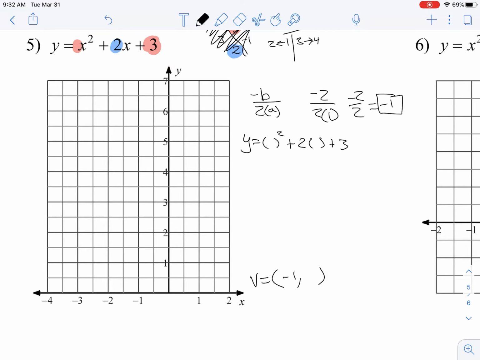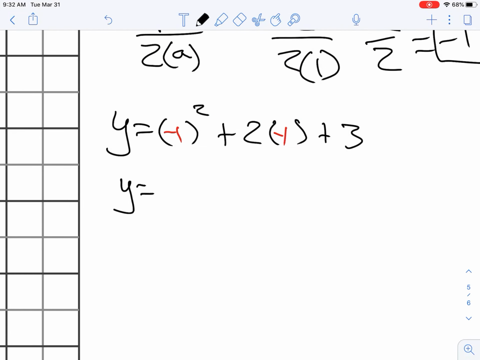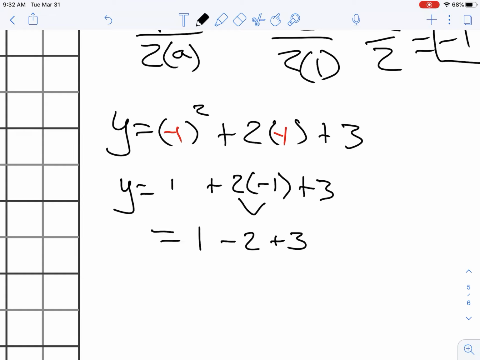Okay, so now I'm going to begin the process of plugging in a negative 1. So I'm replacing x with a negative 1. And then I'm working that out. Negative 1 times negative 1. I'm doing 2 times negative 1, which is negative 2. Bringing my other values down.